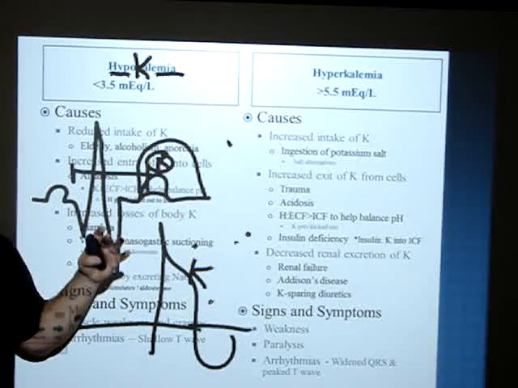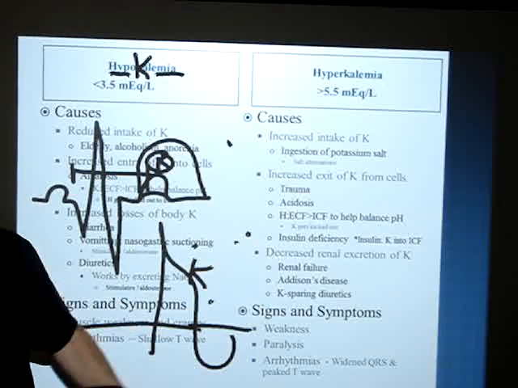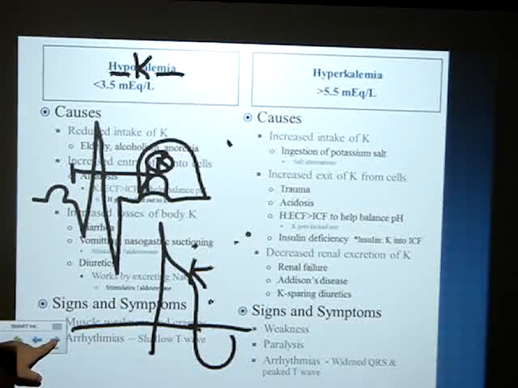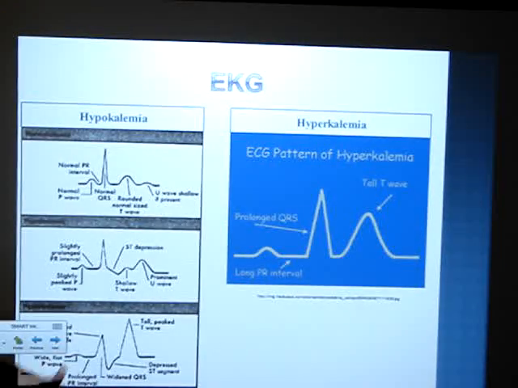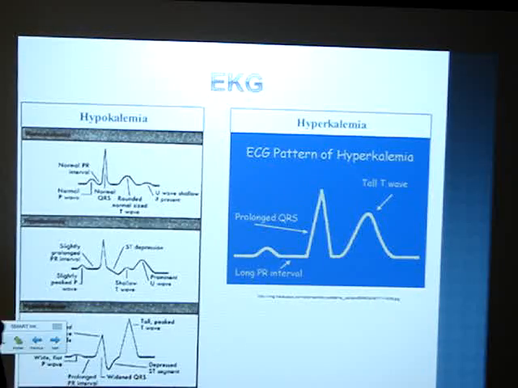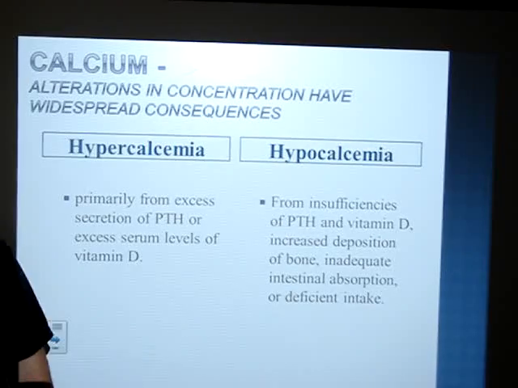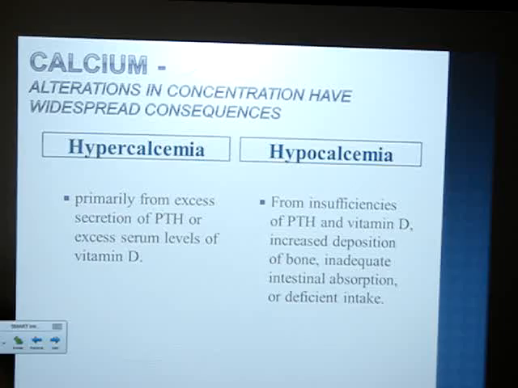So again, potassium-sparing diuretic is probably not the best thing to do if you need to make your weight for wrestling, because you're not going to win anyway. And there is the EKGs. Look just like my pictures. Of course, mine are better, but that's life. Not everybody can be an awesome artist like myself. Okay. Let us move on to calcium.